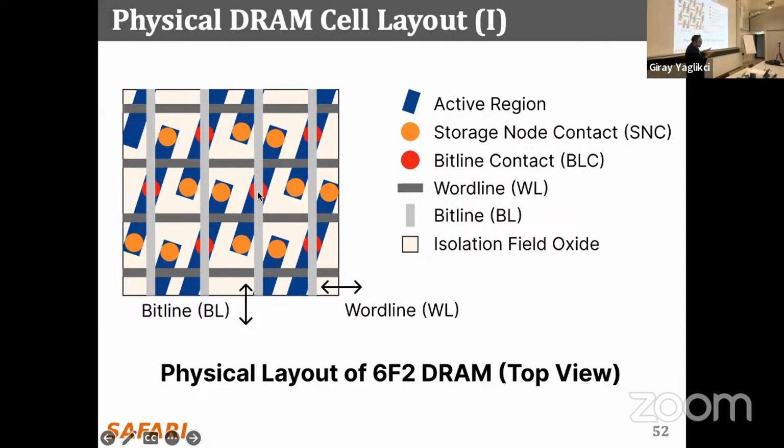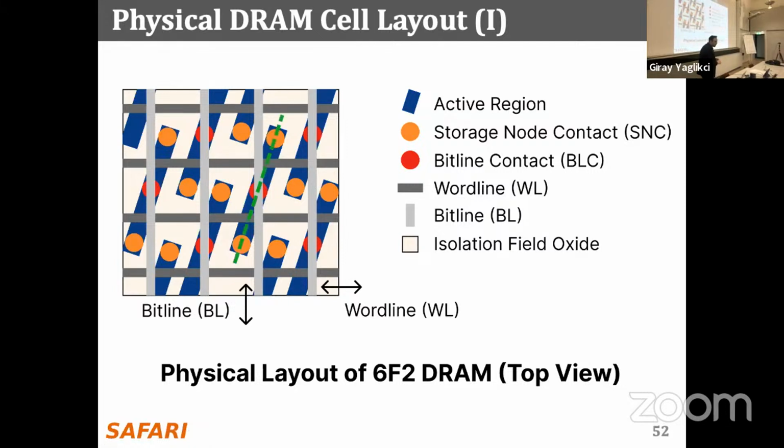This is the contact that connects your DRAM cell to the bit line, and this blue part, the so-called active region, forms a transistor. Your capacitor is connected to this orange part. So you have one capacitor, one transistor, a DRAM cell implemented in this way.